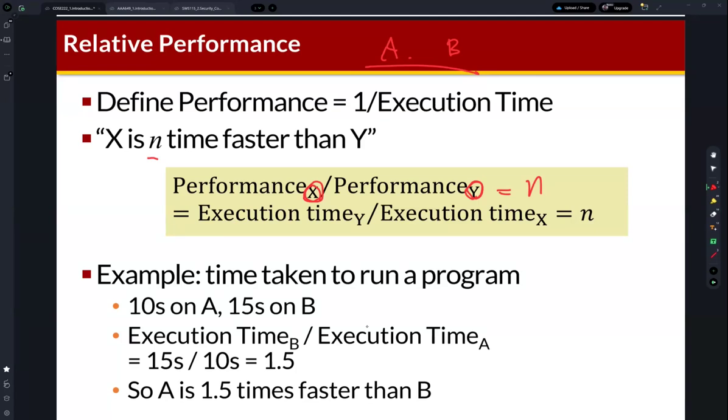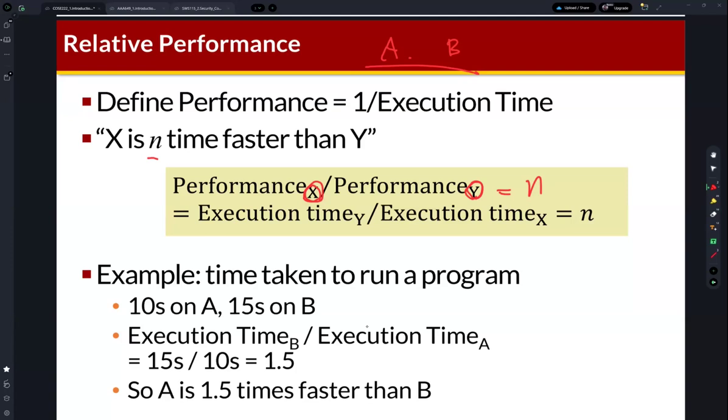Then how can you compare the performance? I mentioned that we can measure the response time of a certain task. But if the response time is high, it means the performance is low. Think about the 100-meter race. If the response time is high, like 20 seconds, then the performance is actually low.